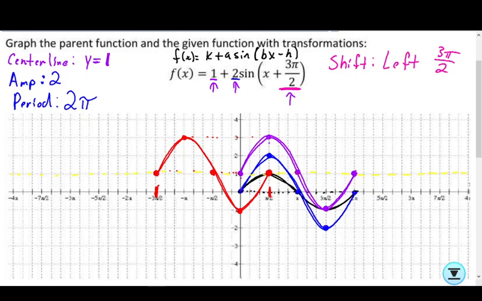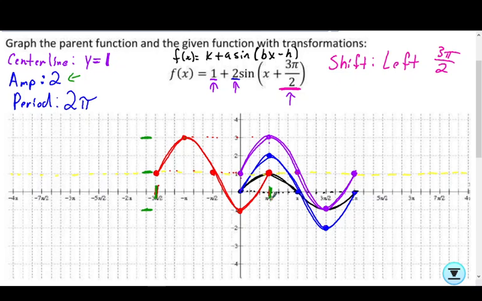Again, here's my center line right here at 1. My amplitude tells me that my maximum should be 2 away from my center line, and my minimum should be 2 away. Is that where my maximum and my minimum are? Absolutely. And does it start right here and end right here like we said it would? Absolutely.